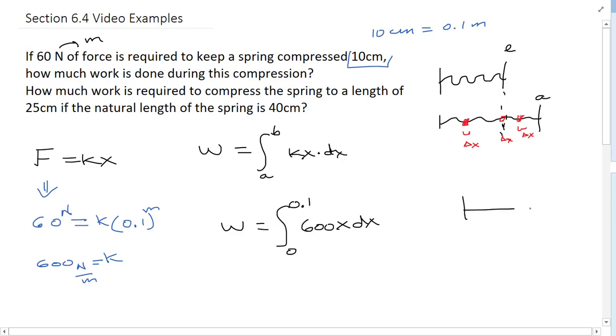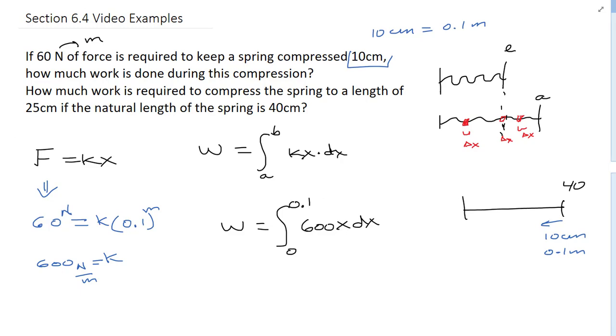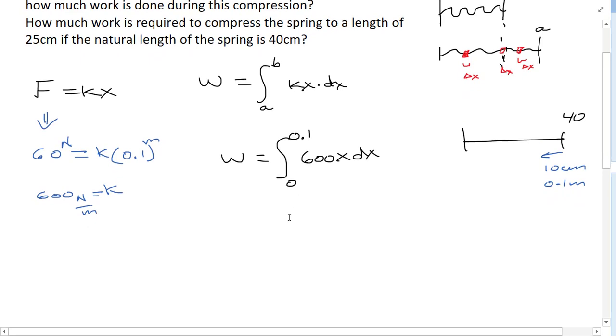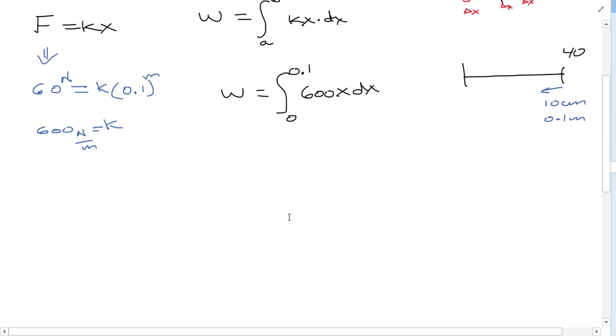If my spring is 40 and I'm compressing it, we're going this way, 10 centimeters, 0.1 meters. Why don't I say negative? You could. Then that would make this x negative, which, when you plug in the negative, will cancel out anyway. So we can just treat it as the distance instead. Instead of going distance to the right, we're going distance to the left, but you can keep it as just the distance, a positive number.